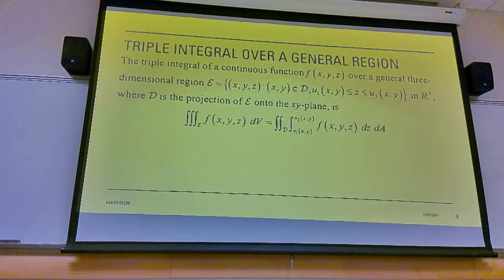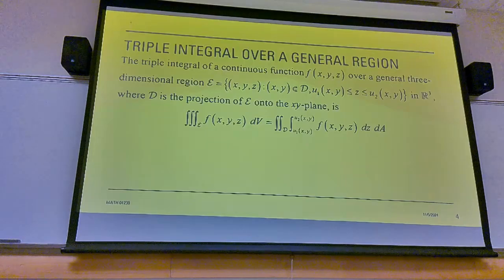So over a general region, let's say your region E, I stuck with the calligraphic E, that's what the text uses. Typically I use a W, but again, it's just a set of ordered triples x, y, z, such that the ordered pair x, y is in a domain D, and z is bounded by 2 functions of x and y.